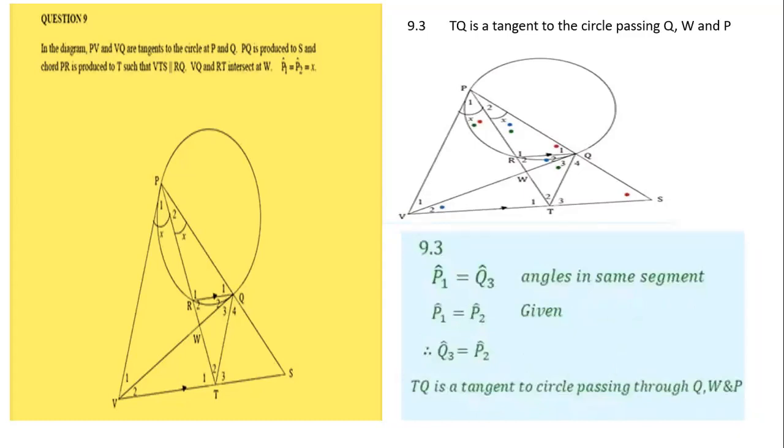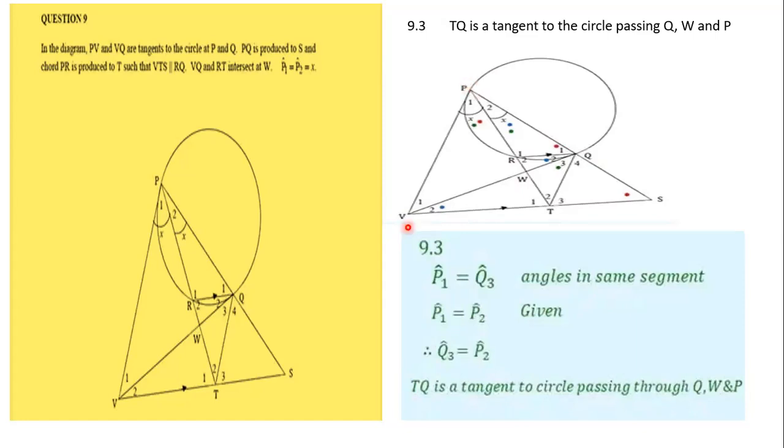The last question says TQ is a tangent to the circle passing through Q, W, and P. Where is Q, W, and P? Here is Q, W, and P, right? So TQ is a tangent.